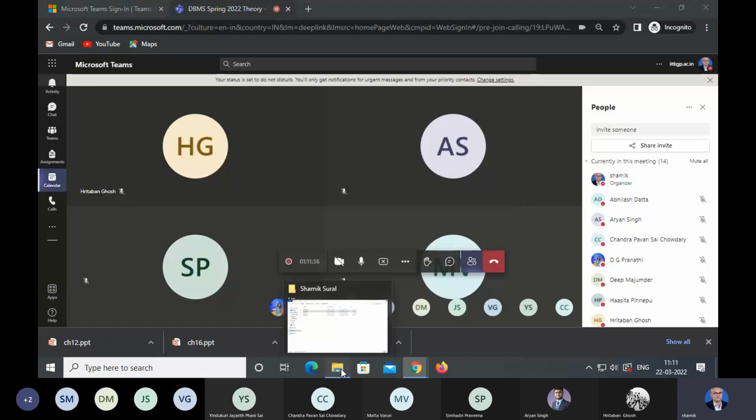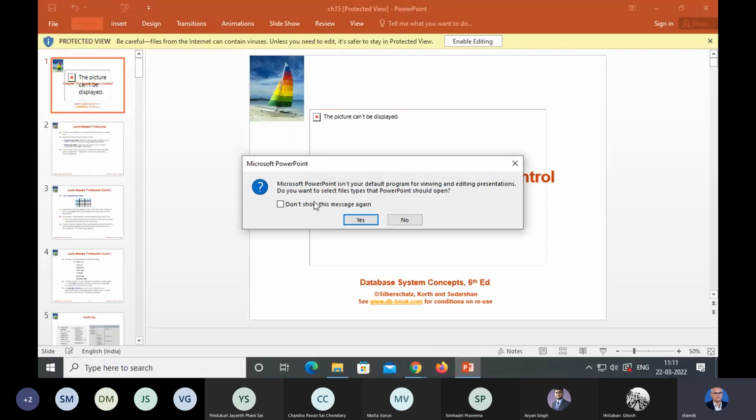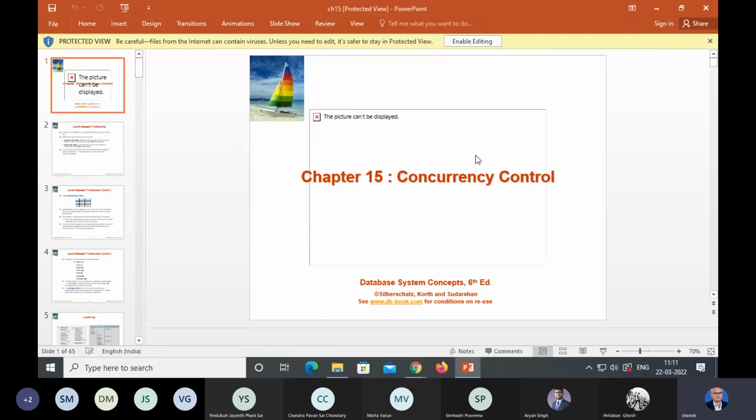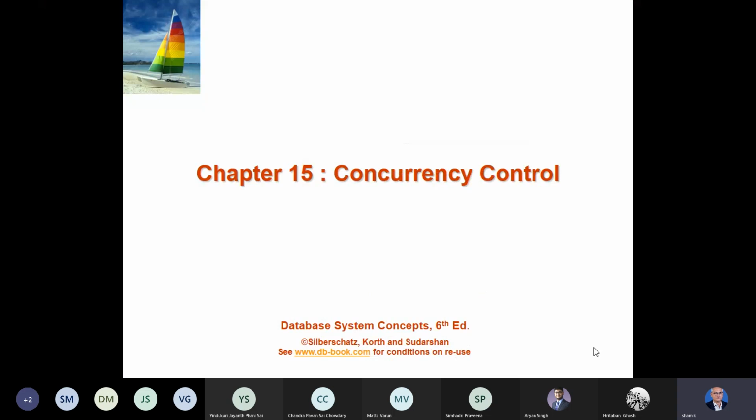So far we have only discussed the definition of schedules and transactions, their properties, and how we can determine if a schedule is conflict serializable or not. But we will not work like that. We will ensure that the DBMS only lets those schedules be generated which are either conflict serializable or view serializable, as we will see. So what mechanism or protocol does it use to ensure that only such serializable schedules are generated?